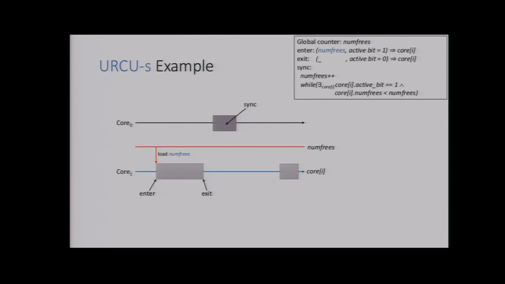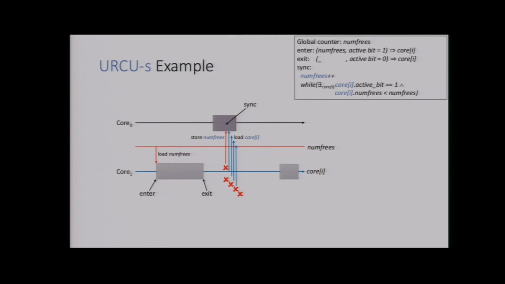Okay, so when core 1 enters into one of its data structures, it loads this num_freed variable. It might already be in the cache, especially if there hasn't been an update in a long time. If it's not in the cache, it pulls it in. When we do sync, we store to num_freed.